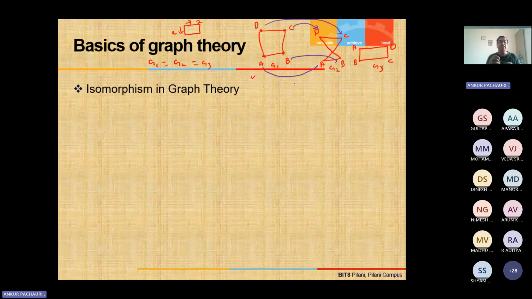So I'll have to come up with a one-to-one mapping of those nodes, by which I can say, okay, the node A of graph G1 is equivalent to the node A of graph G2. Node C of graph G1 is equivalent to the node D of the graph G2.